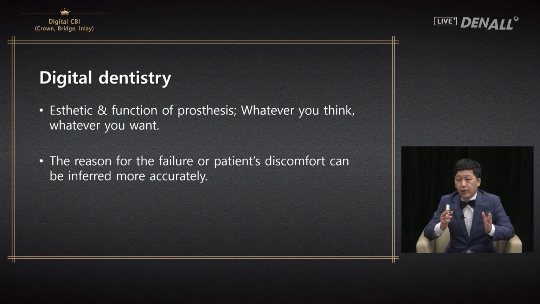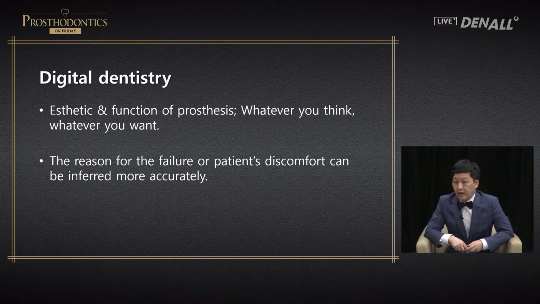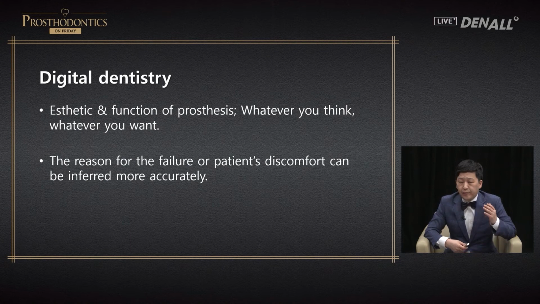the reason for the failure or patient's discomfort can be inferred more accurately because we can look at the designed crown and review accurately, so we can assess the reason why the prosthesis failed and the patient is experiencing discomfort.